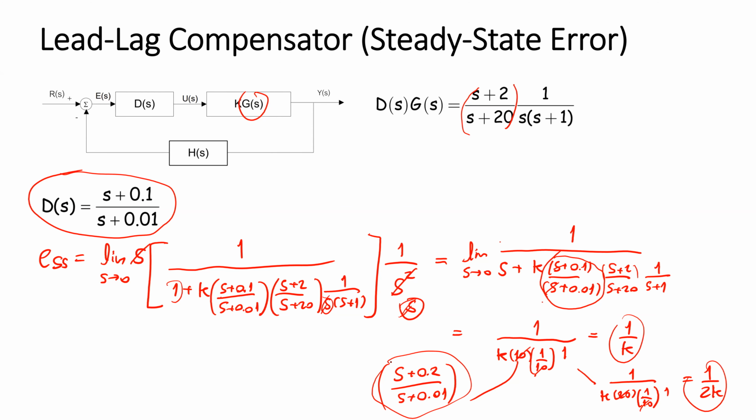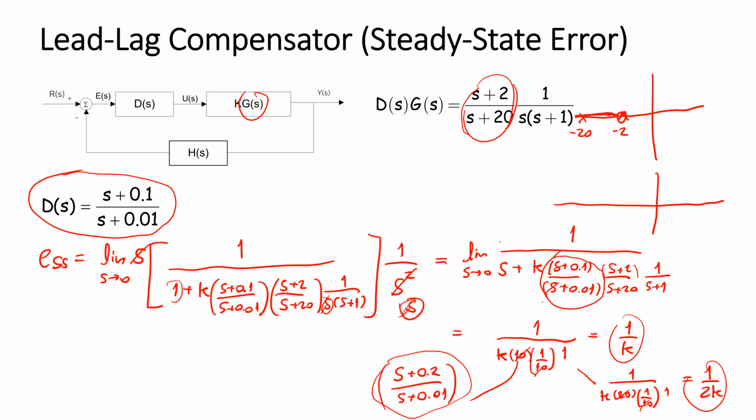If we consider the location of the lead and lag network, for the lead network the pole is at -20 and the zero at -2.